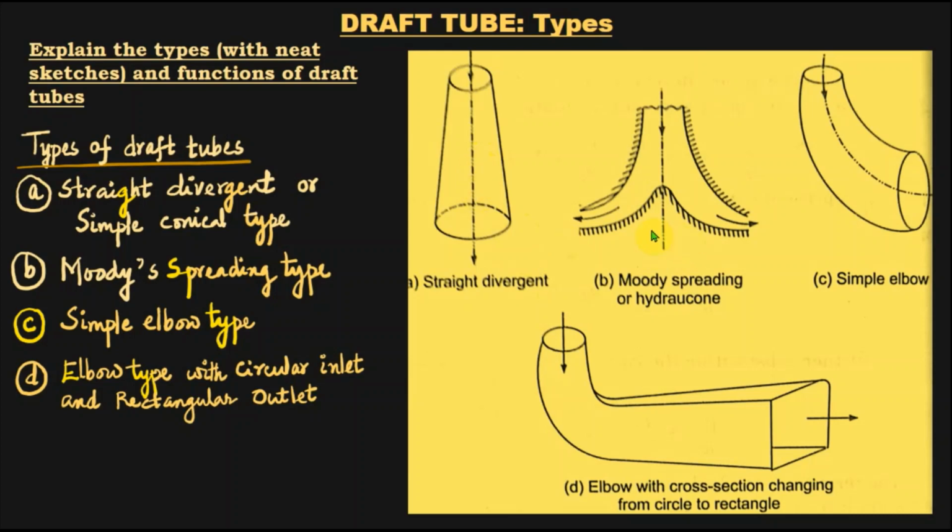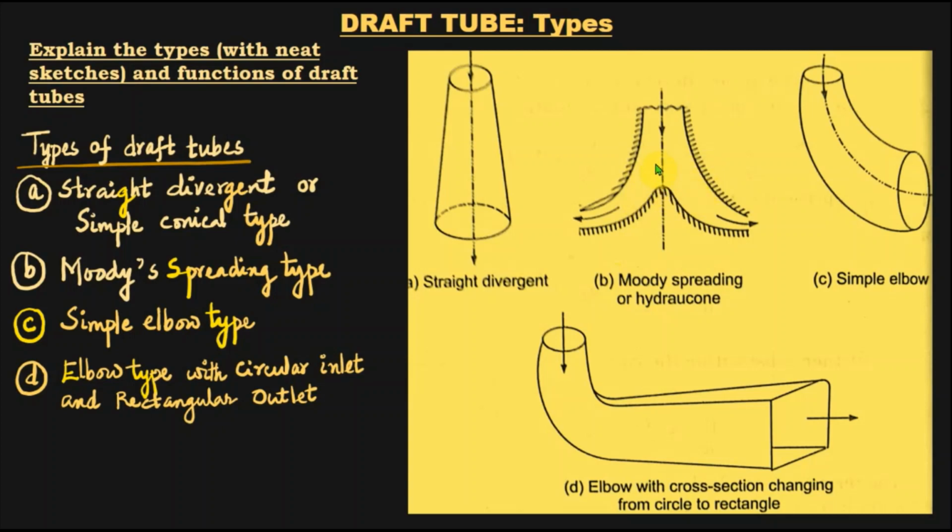And now we have another type called Moody's spreading type of draft tube or a hydrocone. The central conical solid core in the Moody's spreading type of draft tube will remove the whirling of water discharged.